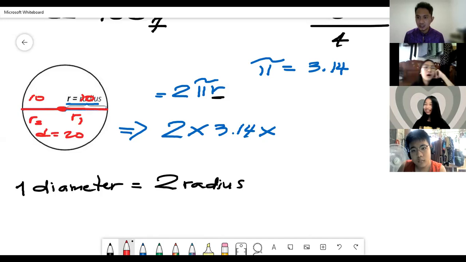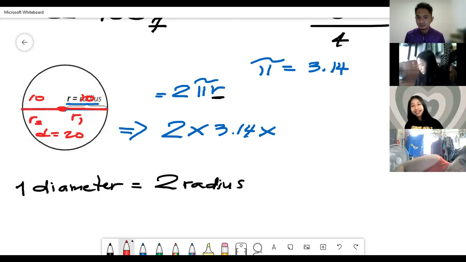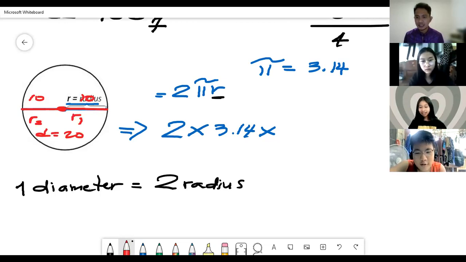Kason, do you understand? Yes. Okay, explain in Thai. Let your mom hear you. It means one diameter is equal to 2 radius, because 1 radius is half of the diameter.